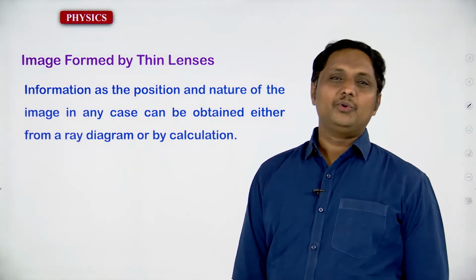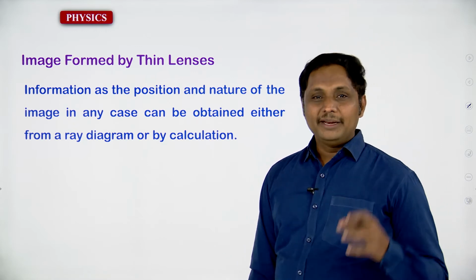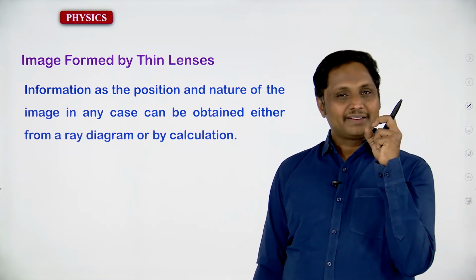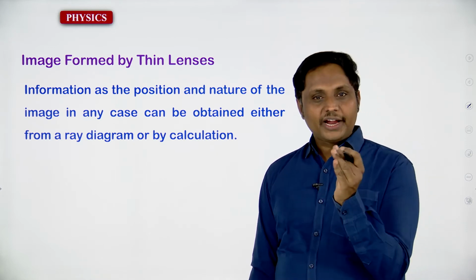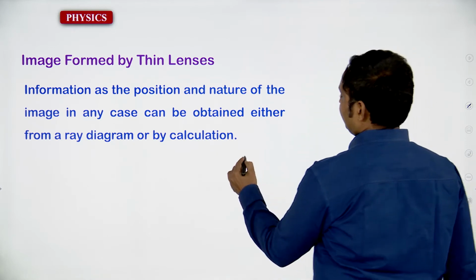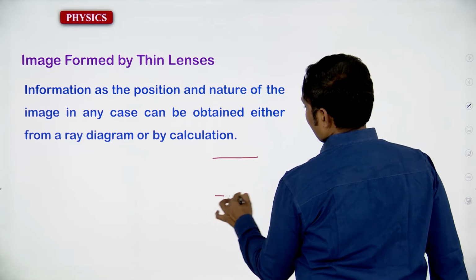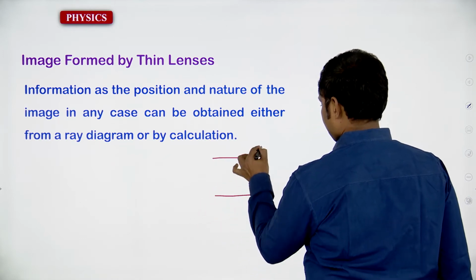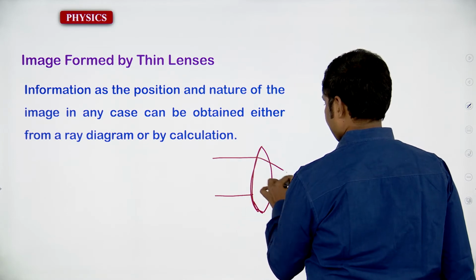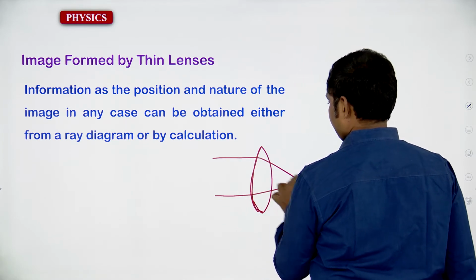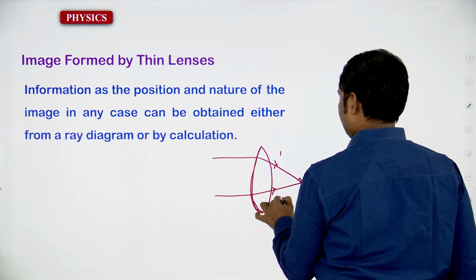How many lines do we need? I am going to get the minimum number of intersecting light rays. After the refraction, the minimum number of light rays needed to track the image are the refracted rays 1 and 2.